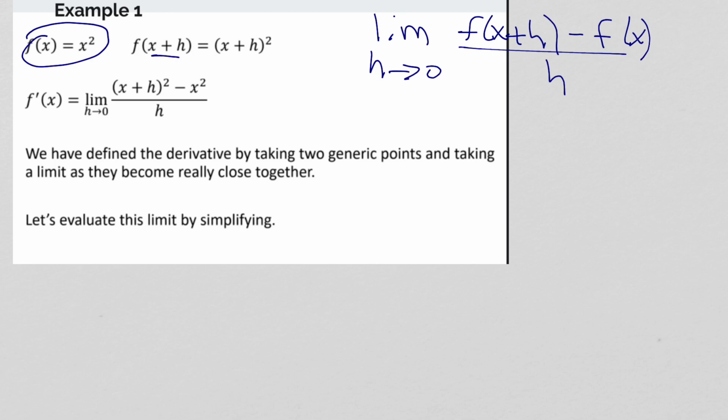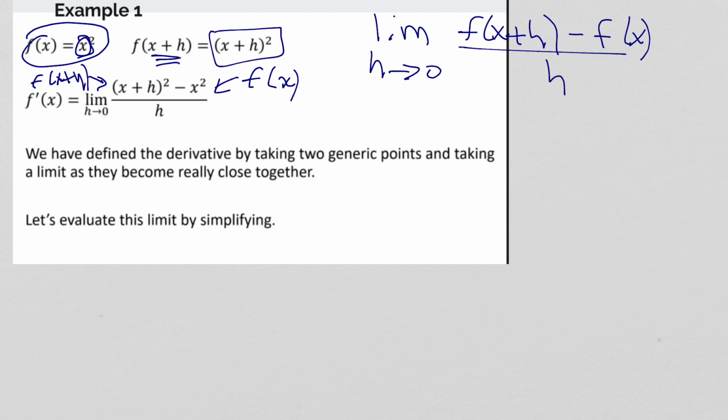Well, I'm going to replace x with x plus h inside the x squared. So it's going to say x plus h squared. And I'm plugging it right into the equation there for the f of x plus h. I'm subtracting f of x, so this is my f of x. This was my f of x plus h, all divided by h.